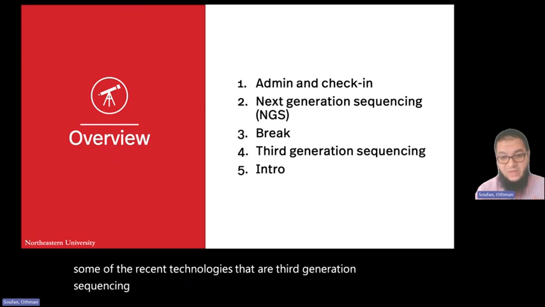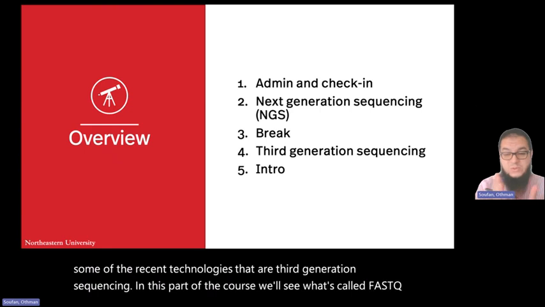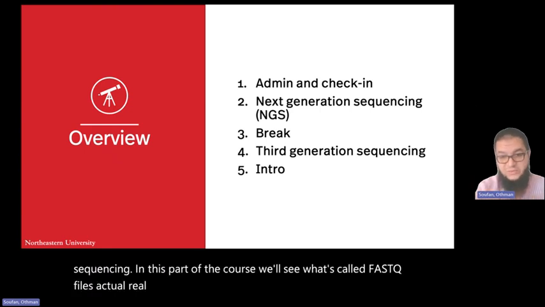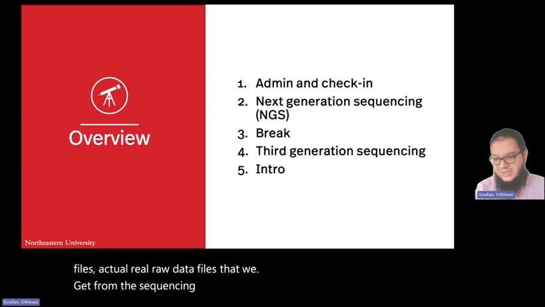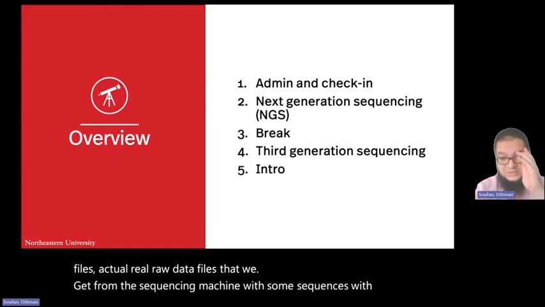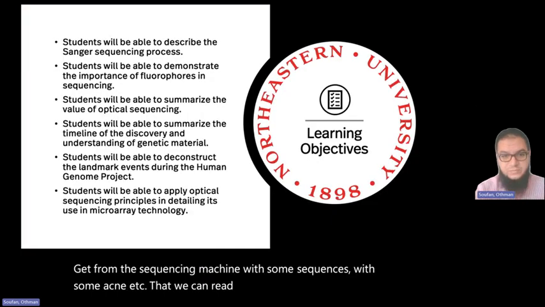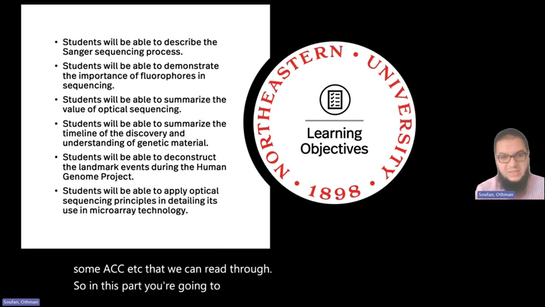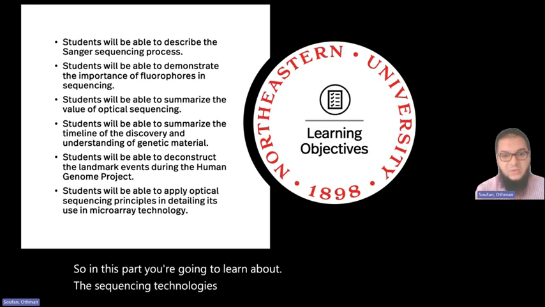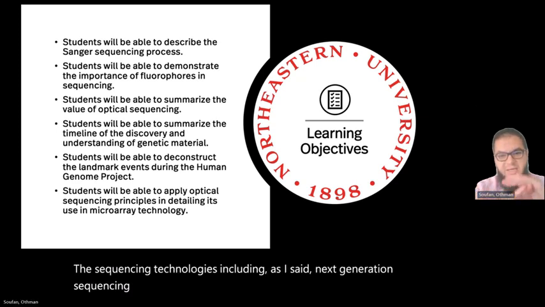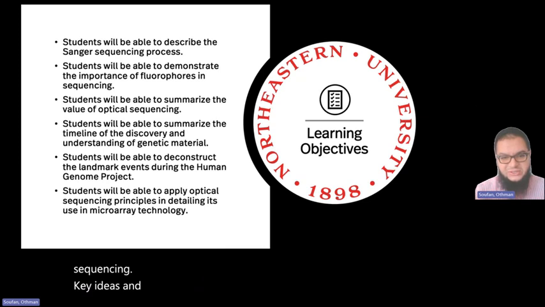In this part of the course, we'll see what's called FASTQ files, actual real raw data files that we get from the sequencing machine with some sequences, with some ACGTs that we can read through. So in this part, you're going to learn about sequencing technologies, including, as I said, next generation sequencing. Key areas in all sequencing strategies, we're looking at what?